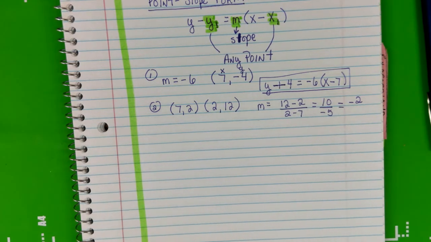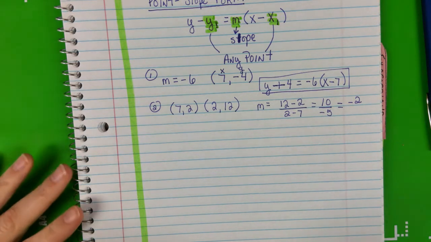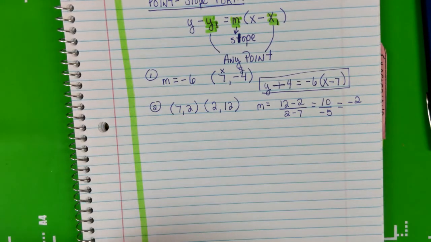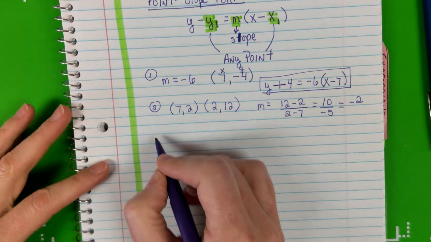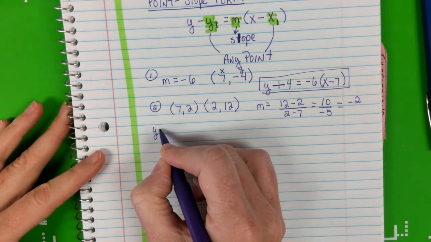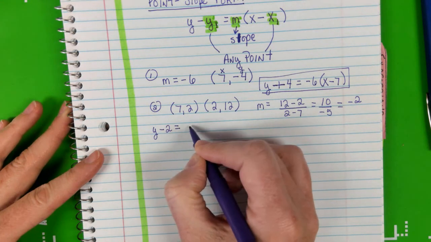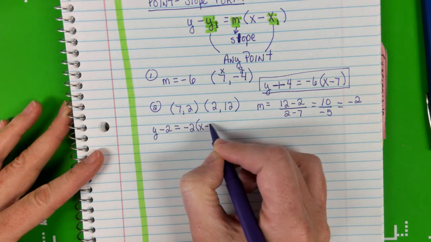Now, as far as what point do you use, it doesn't matter. You can use either point, so there are actually 2 possible equations that we could get for this. So if I use my first point, we would say y minus 2, because that's my y value, equals the slope, -2, times x minus 7.